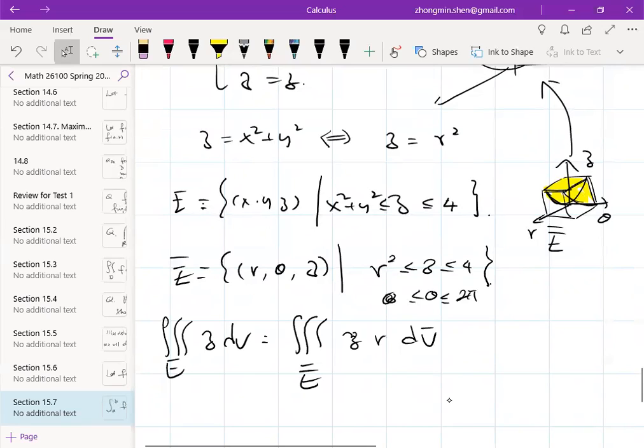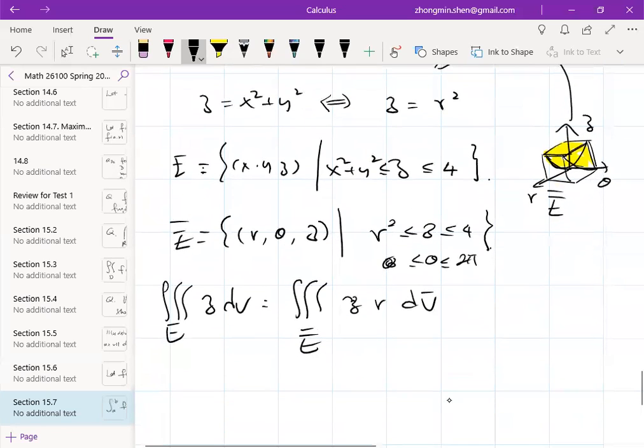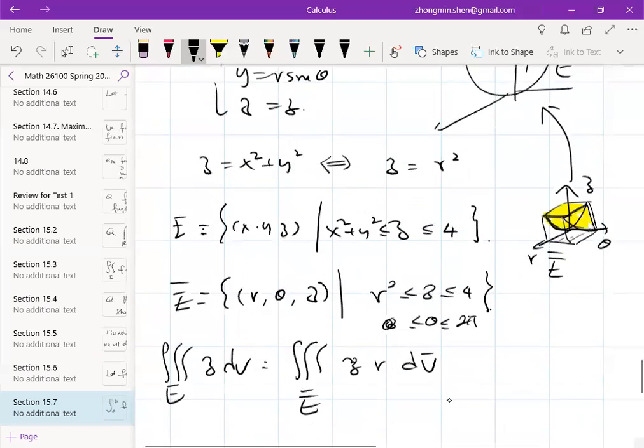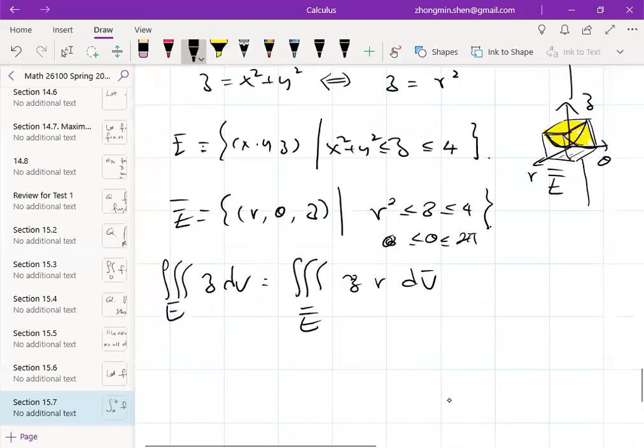you still have to change it to the double integral. Okay, it's not a rectangular box; it's just a portion of that. But the good part is, it depends on how you do that, right? If you still want to use that one as a D, if this is a domain called D bar, right?